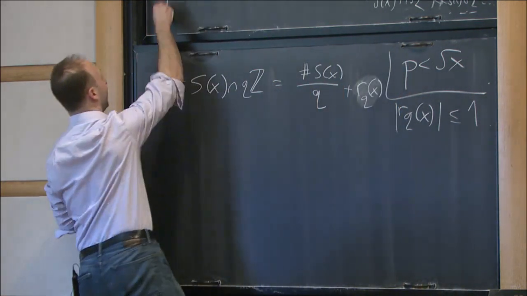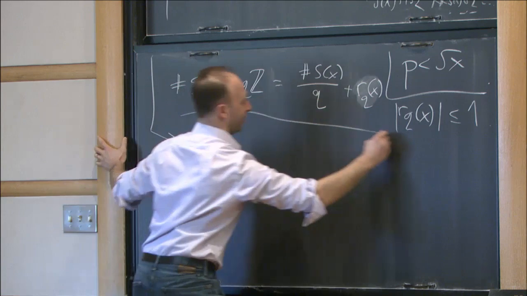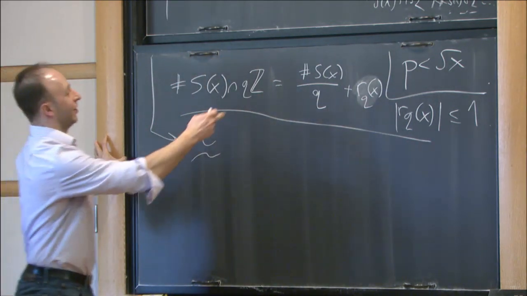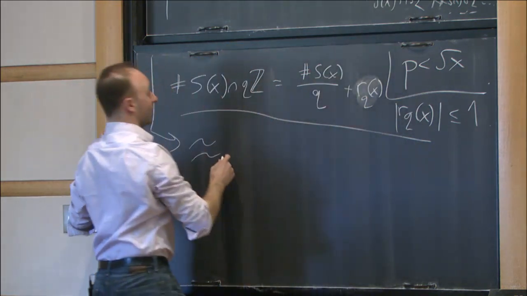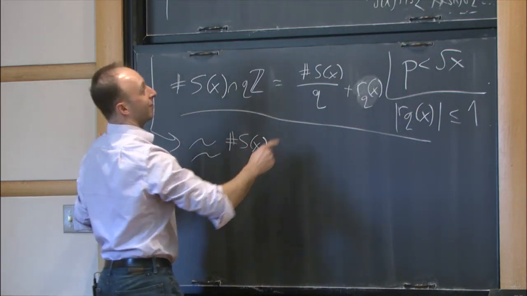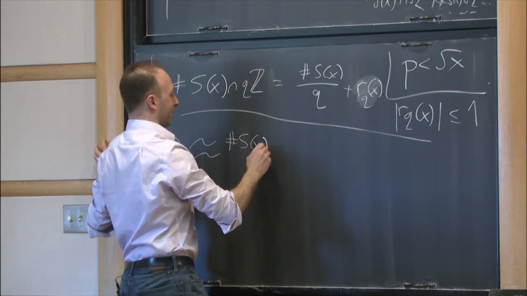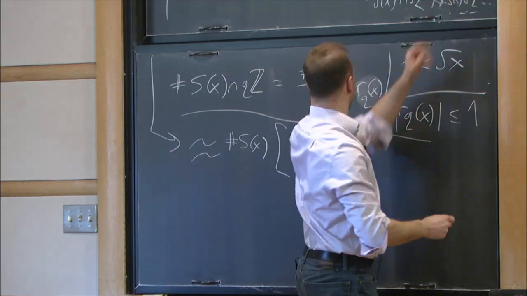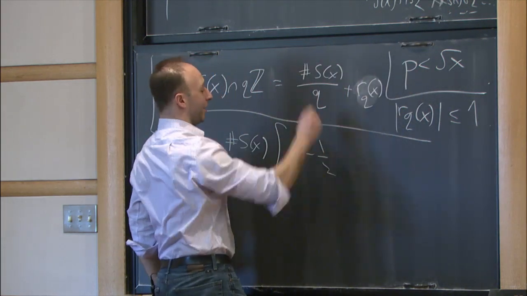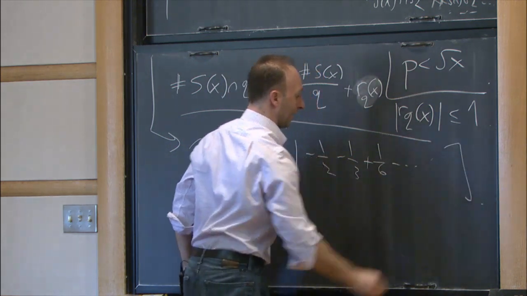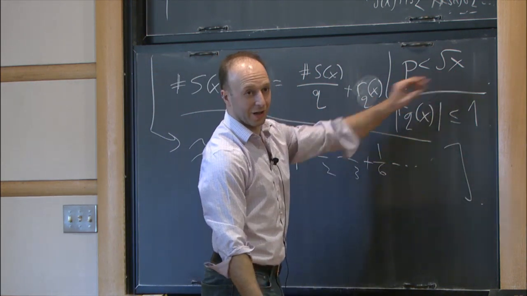So what do we get here for the main term? Okay, so the size of the first thing is just the number of S of x. For the second thing, that contributes a 1. Then we get a minus a half, minus a third, plus a sixth, and so on, up to primes of size root x.